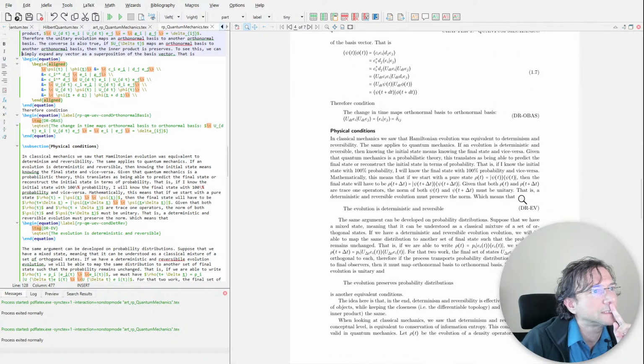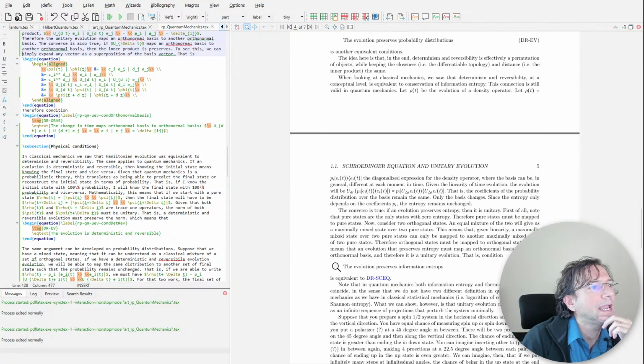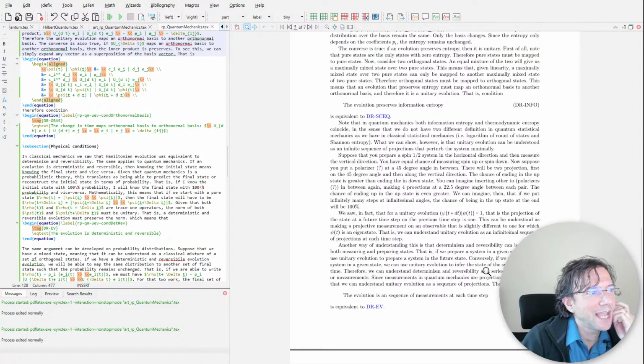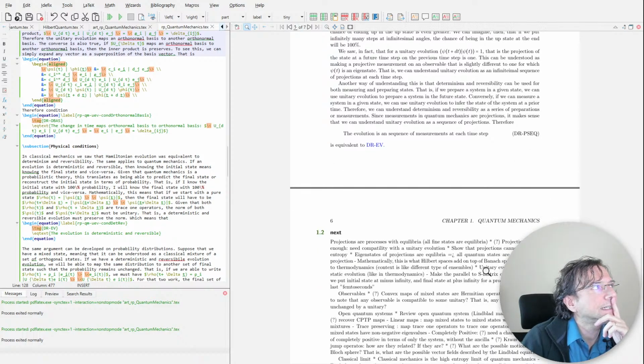And then we say we have determinism and reversibility because 100% gets predicted with 100%, or we can see this as mapping distributions from future and past variables, and then we can see this evolution as preserving the entropy, because if I map the variable to another and preserve the distribution, then of course I'm going to preserve the entropy, and then I can see the thing as a sequence of projections.